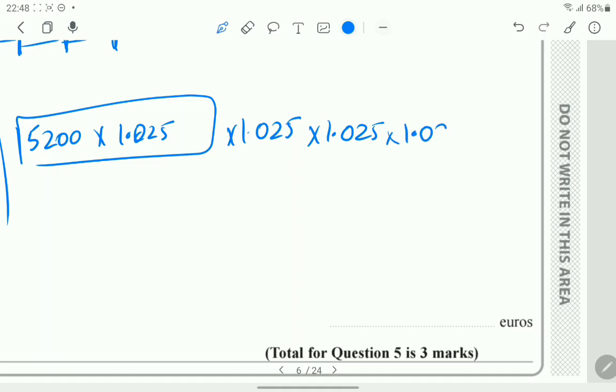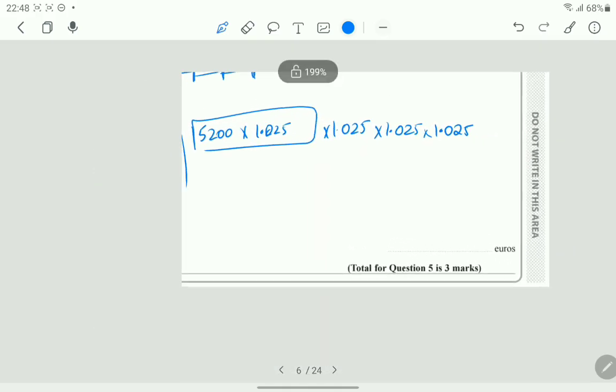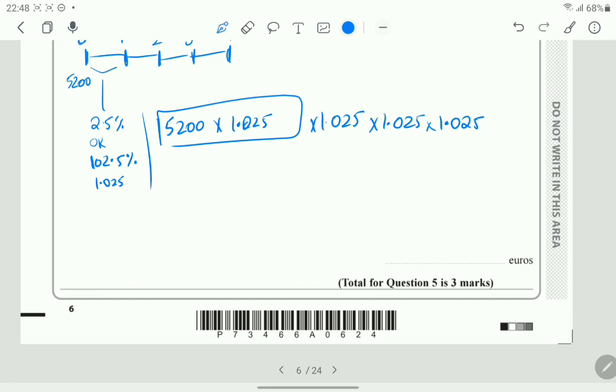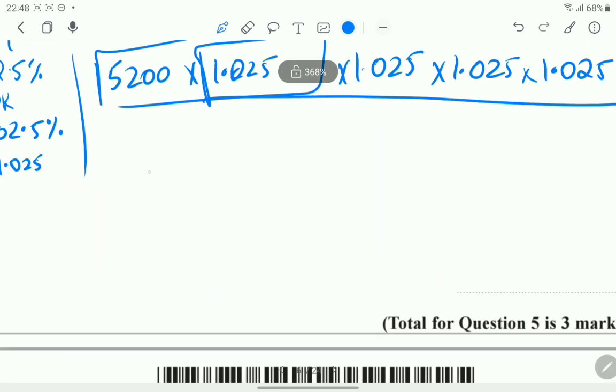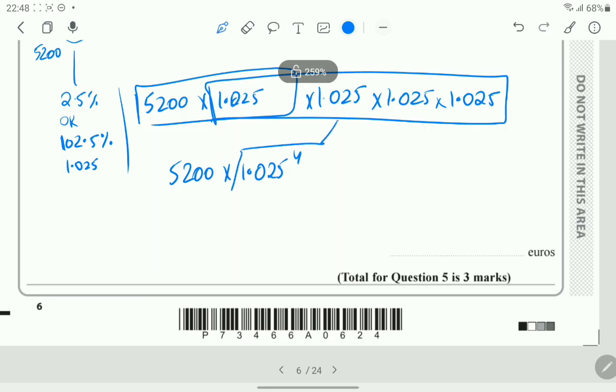We do it 4 times, we get to the end of fourth year. Now this was just for your understanding, since you all are GCSE students. In the big boy world we would write it as raised to the power 4, because this is exactly this, and you get the answer of what would be the worth of Slavomir's money at the end of 4 years.